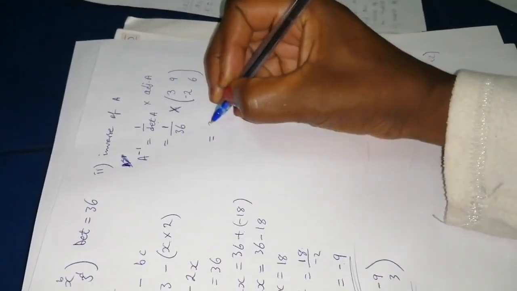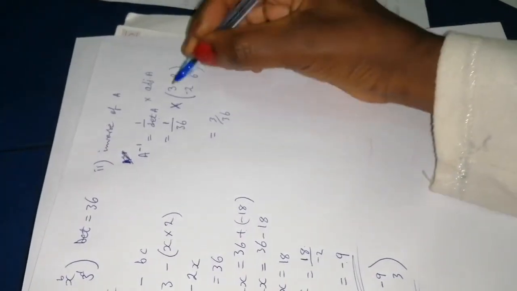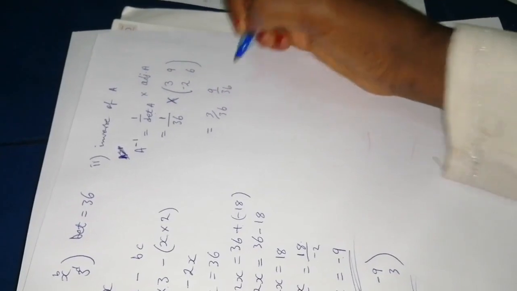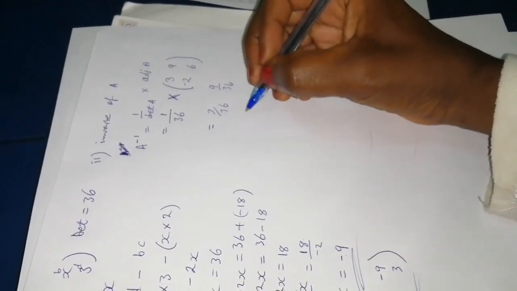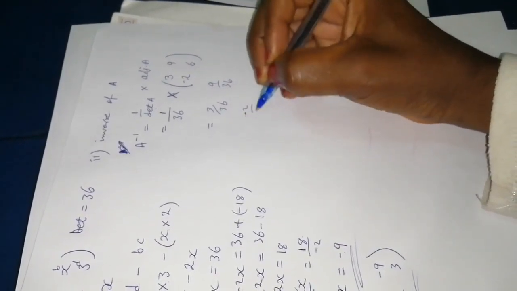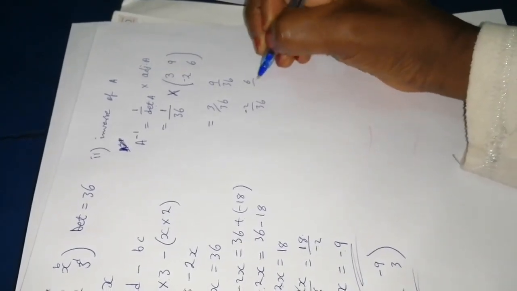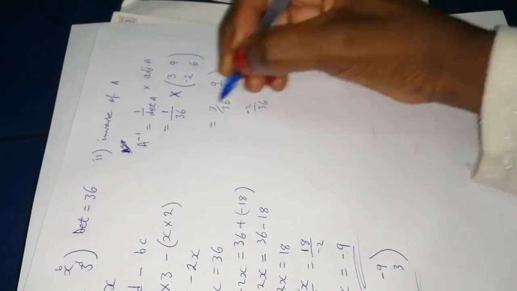So we're going to have 1 over 36 times 3, giving us 3 over 36. Times 9, we have 9 over 36. Times negative 2, we have negative 2 over 36. 1 over 36 times 6, we have 6 over 36.